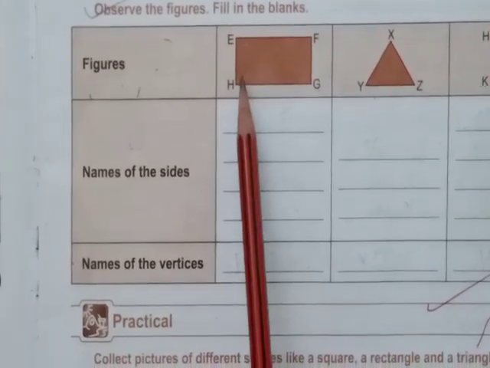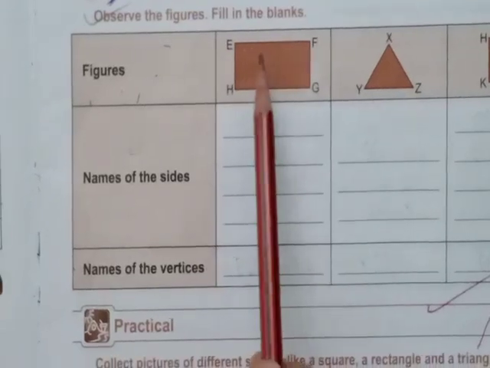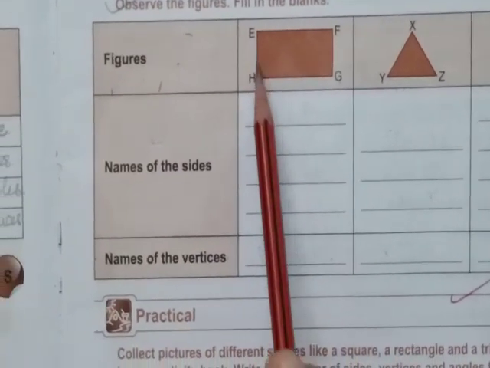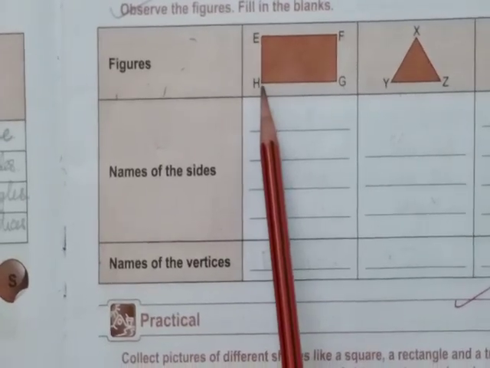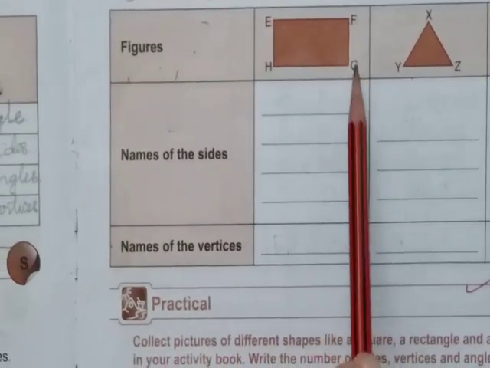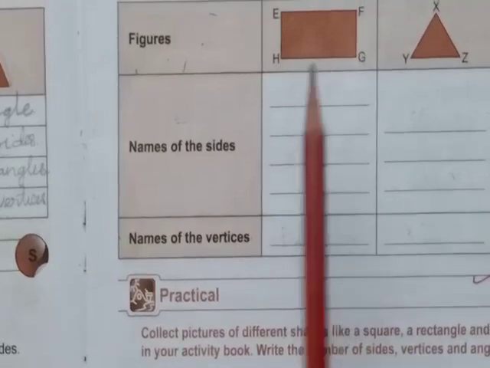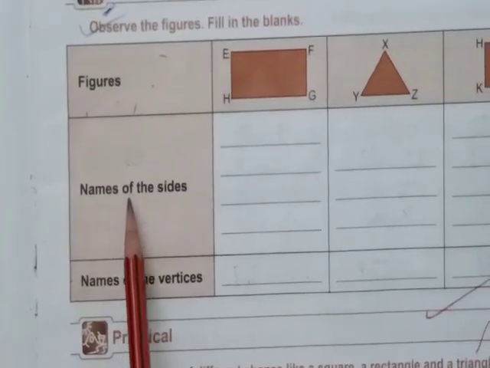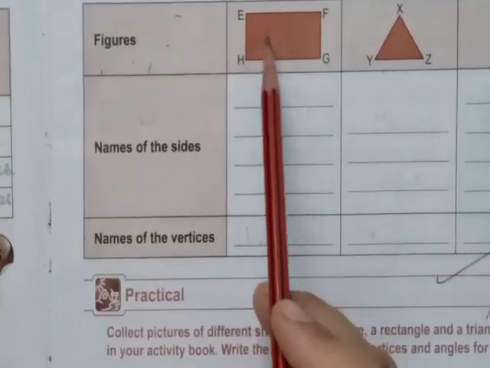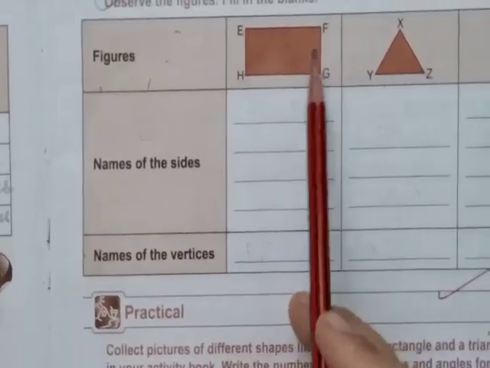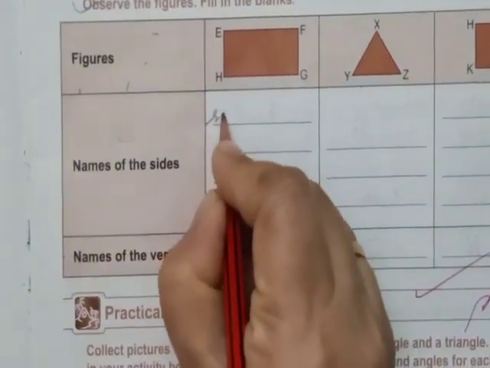So in this figure, that is the rectangle, the name is given. So we can say that rectangle EFGH. So we have to write the names of the sides. So the rectangle has 4 sides. Let us write it.